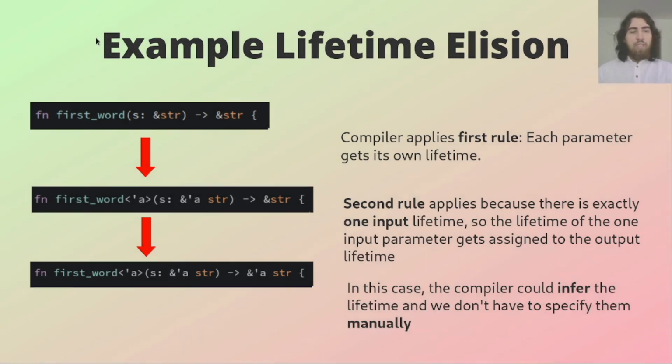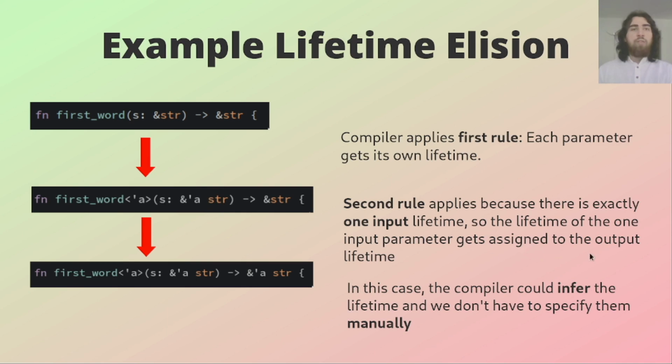Now let's see. Here we have the function first_word taking a reference and returning a reference. So the compiler applies the first rule. Each parameter gets its own lifetime. The compiler behind the scenes will annotate a lifetime for this function and for all the references, right? The second rule applies because there is exactly one input lifetime. Again, we have only one argument that is a reference.